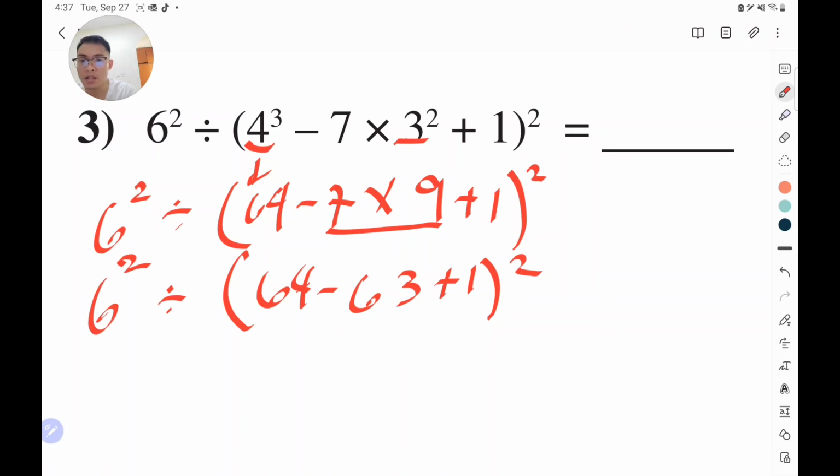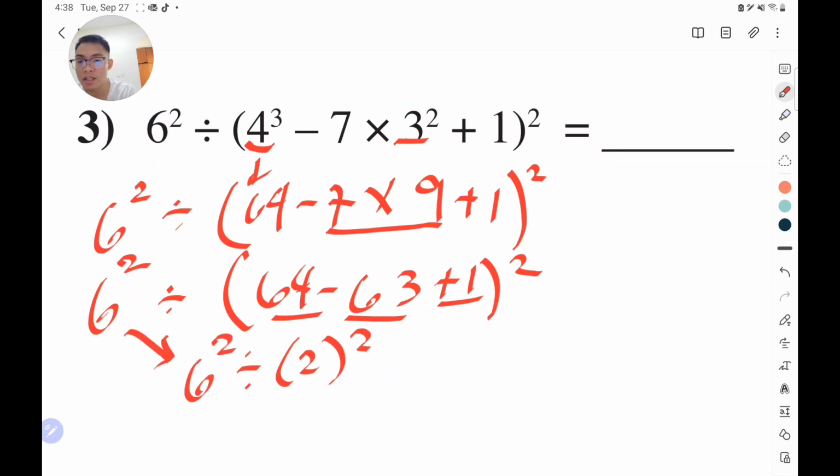Then after that, whatever's inside the bracket, we can just do addition and subtraction, whatever comes first from left to right. So we need to do 64 minus 63, that is equal to 1 plus 1 is equal to 2. 2 squared. And then let's copy this one, 6 squared divided by this one.